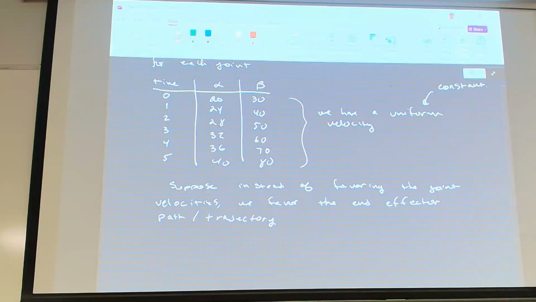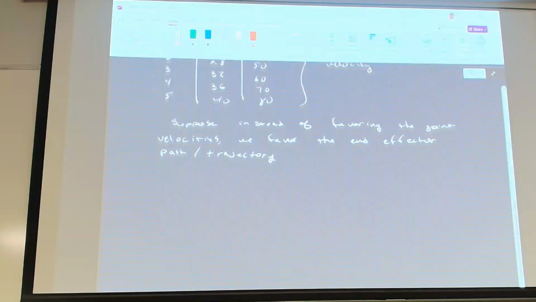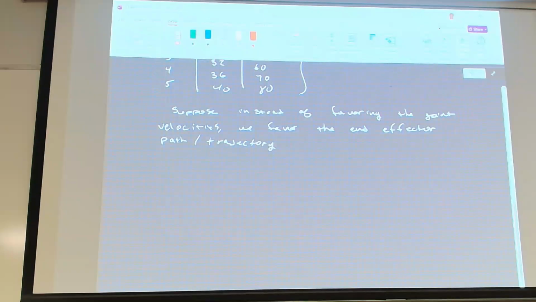So again, the path doesn't have any type of timing information, but it's going to maybe be uniformly distributed, so that I could have a path that might look like this.